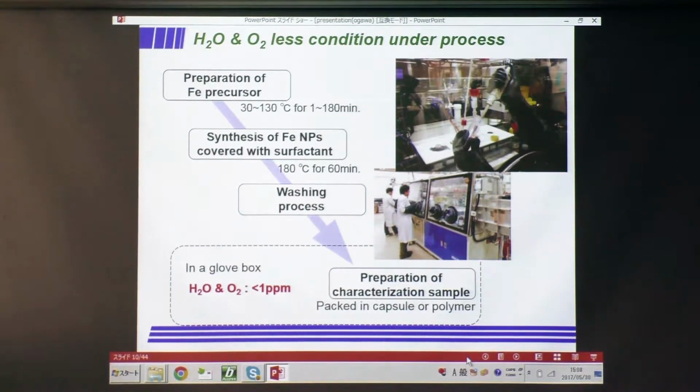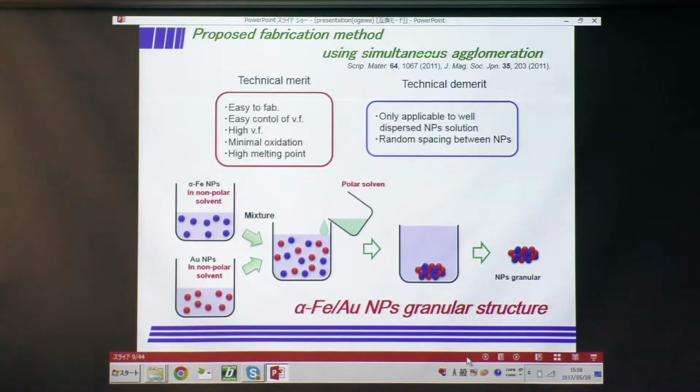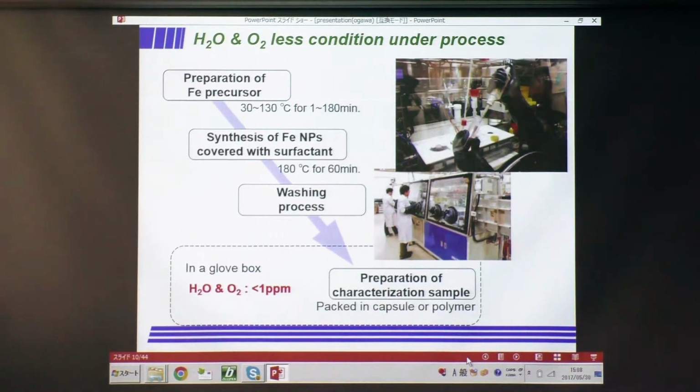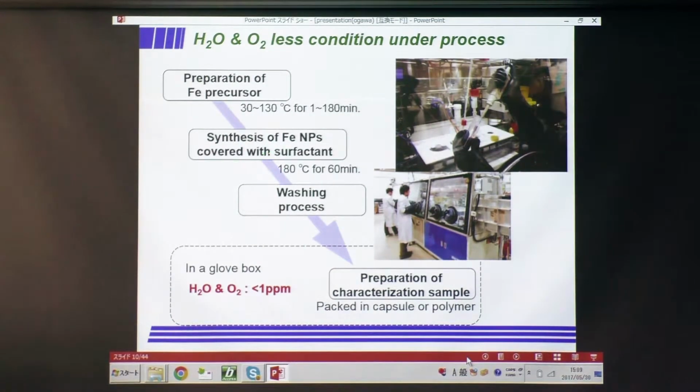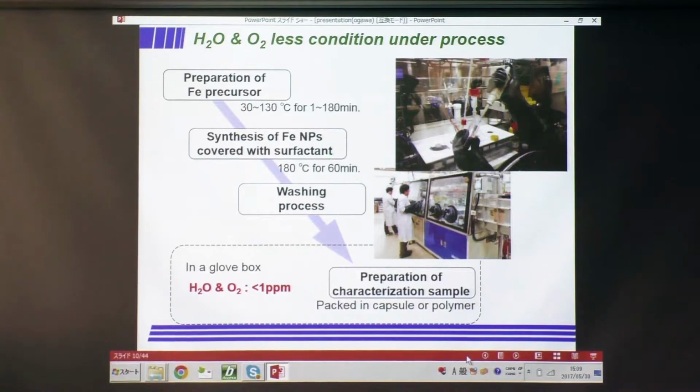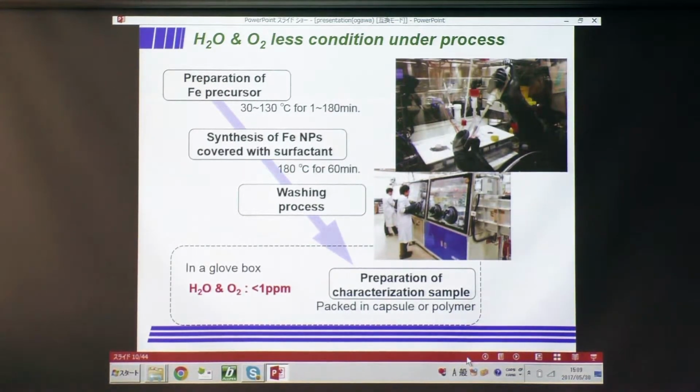For all of the processes in this agglomeration method, we usually work in a water- and oxygen-less condition in the glove box. The preparation of the iron precursor and heating at 30 to 130 degrees C for several hours, and then since the iron nanoparticle is covered with surfactant, the temperature is 180 degrees C for 1 hour, and then washing out the impurity, and the preparation of the characterization sample.